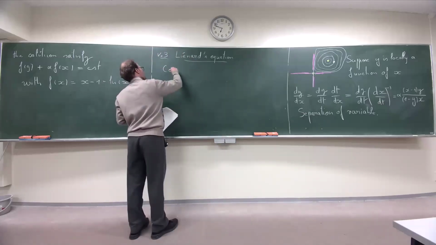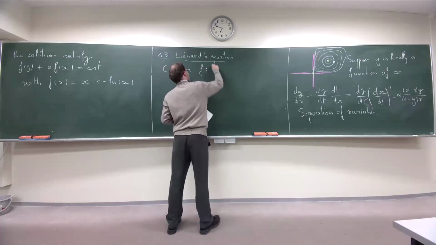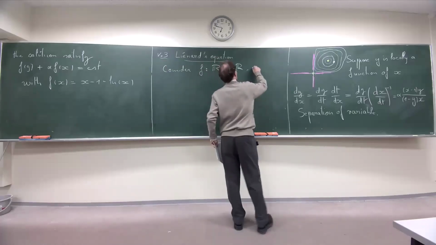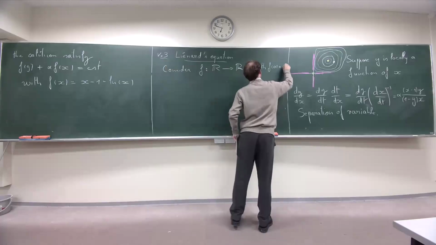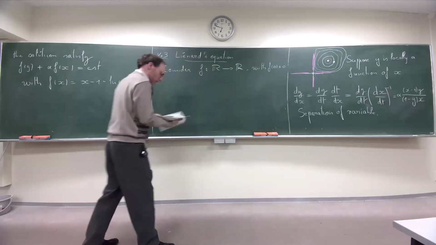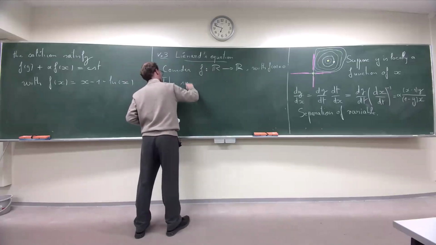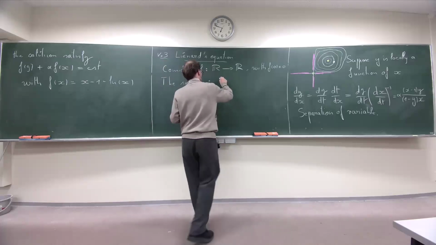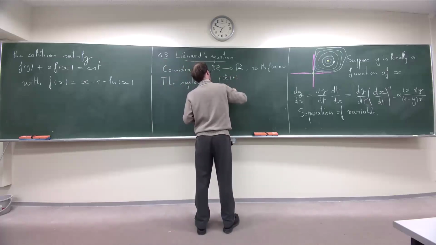So for this, I first consider a function f from R to R with f of 0 equal to 0. It's a one variable function. And so then the system we consider is the following one. It's in two dimensions, as I said, it is x dot of t, y dot.